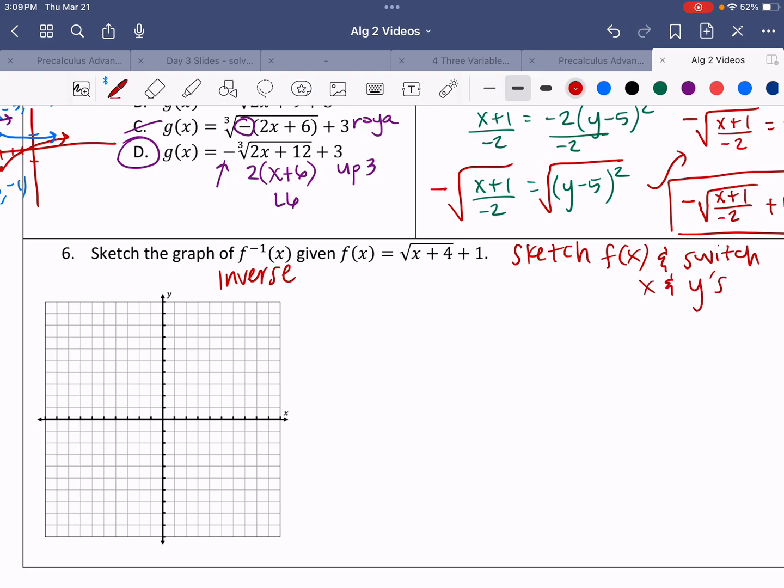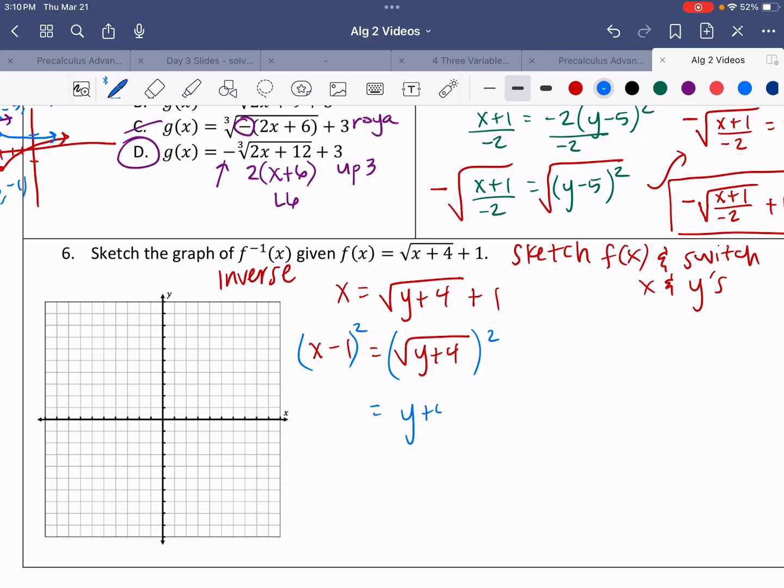You could also, some people chose to find the equation. So they chose to take the square root of y plus 4, switch the x and y, subtract 1 on both sides, square both sides. So I get y plus 4.